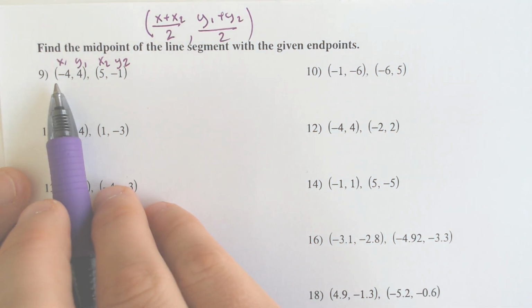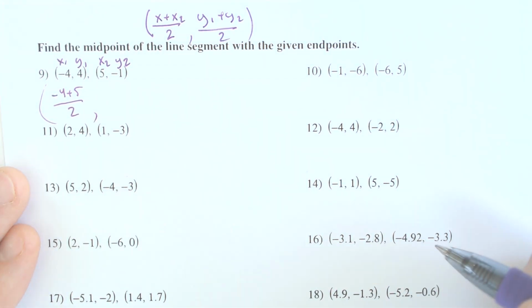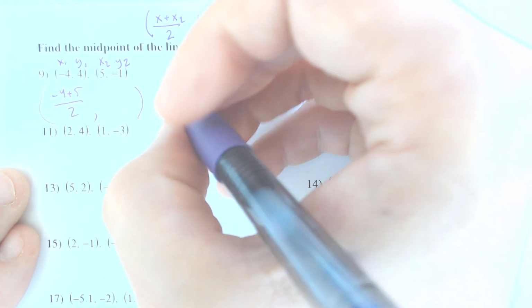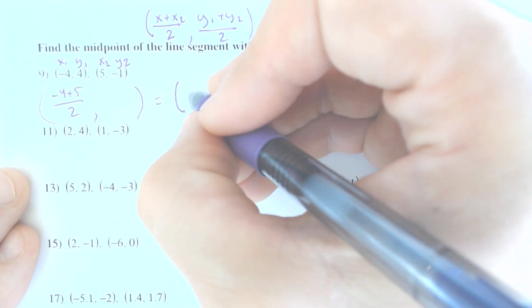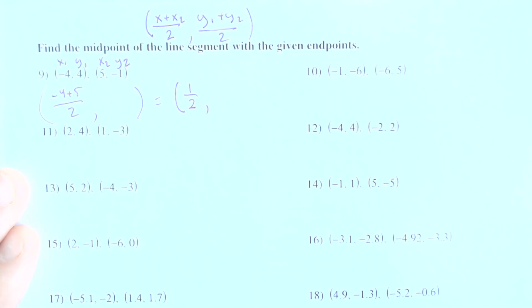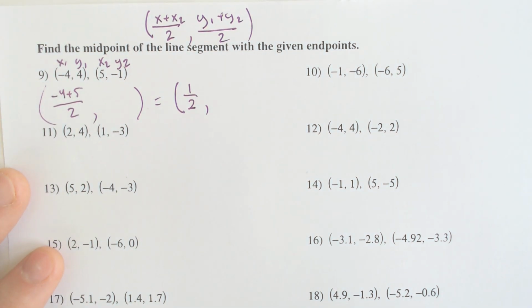So here are my two x values. We got -4 and 5. What is -4 plus 5, and then divided by 2? That would be -4 plus 5 is +1, divided by 2 is 1/2, or you could write 0.5.